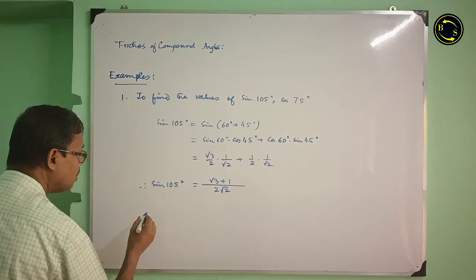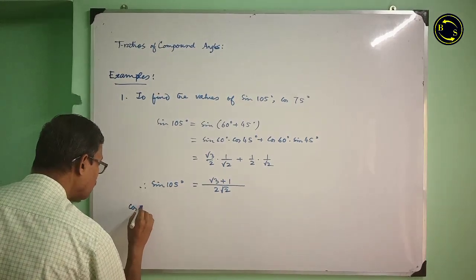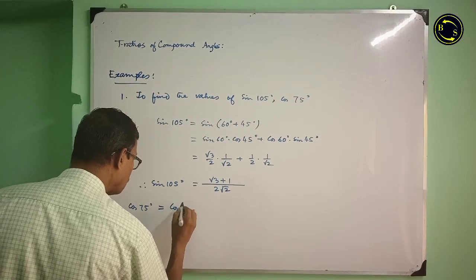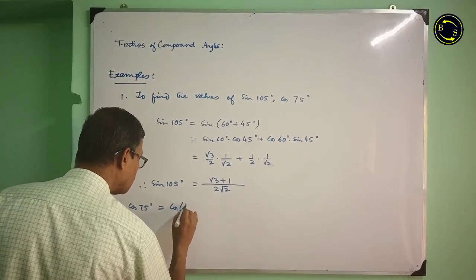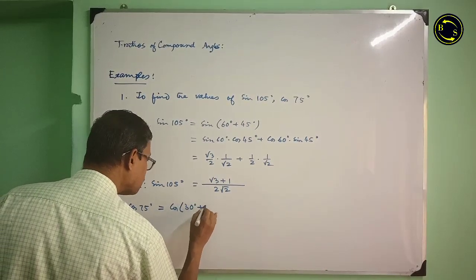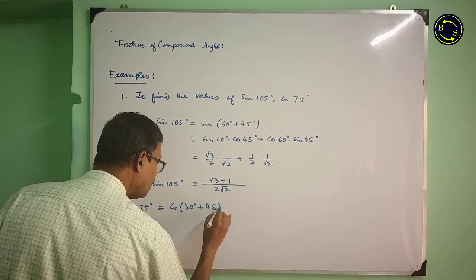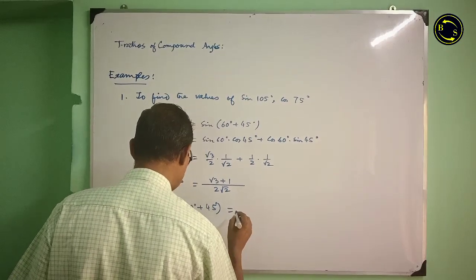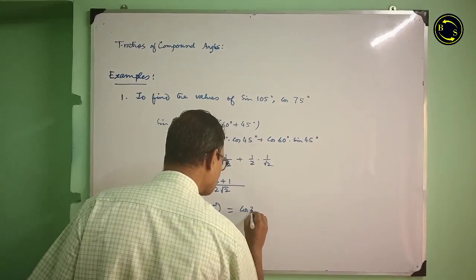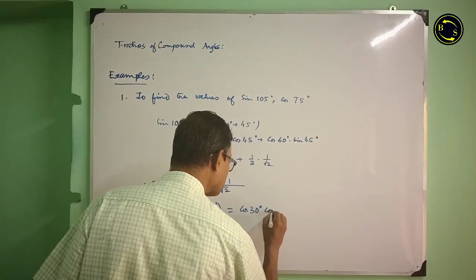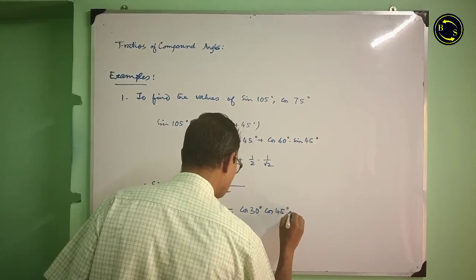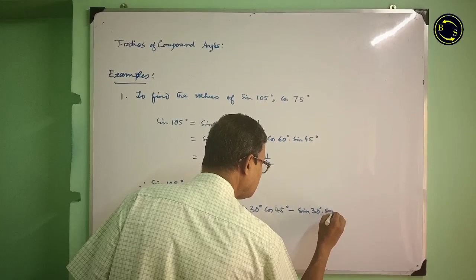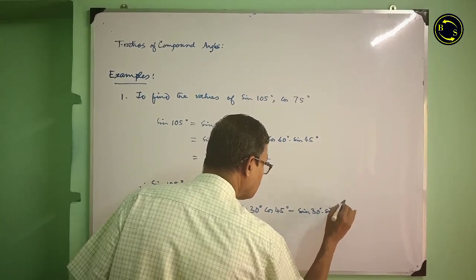Next, cos of 75 degree, that will be written as cos of 30 degree plus 45 degree. Now, this is equal to, as we have learned, cos 30 degree cos 45 degree minus sin 30 degree sin 45 degree.